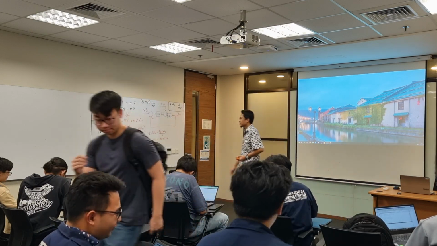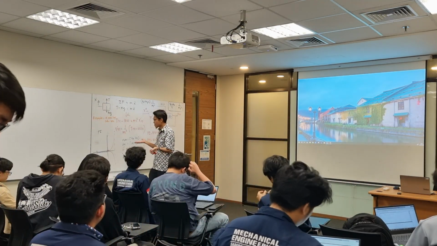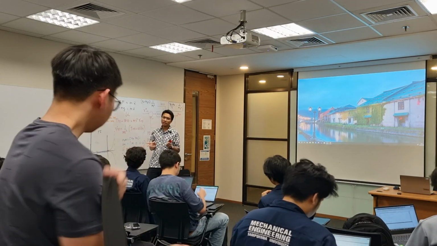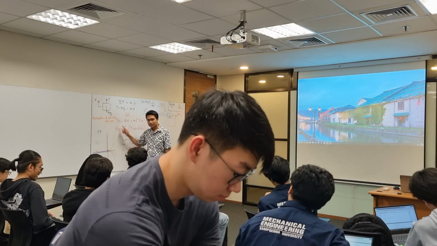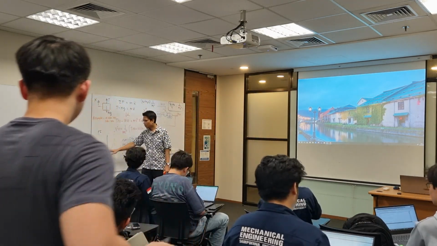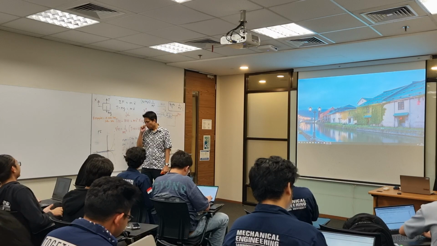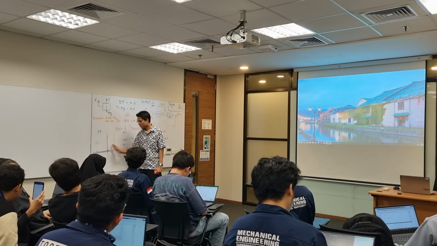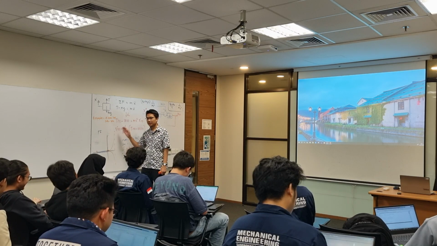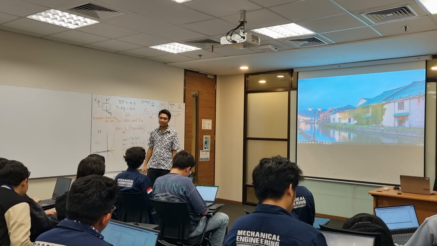Okay, clearly PI control cannot work, because of this. The root locus says that the closed loop poles, the dominant one, are on the right side of the imaginary axis, so it's unstable.